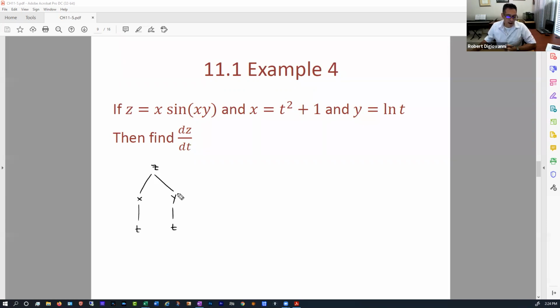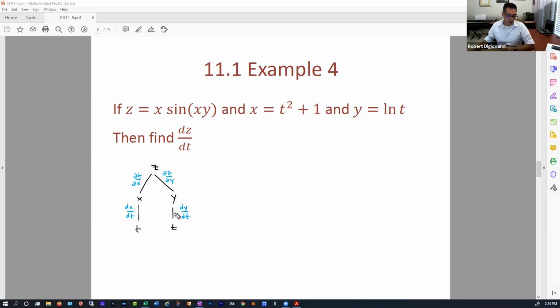And since I split, they have to have partials. So this has to be partial z with respect to x, partial z with respect to y. Now, when I go from x to t, there's no split there, so that's just going to be a straight derivative, dx dt. And over here, same thing on the y, dy dt.